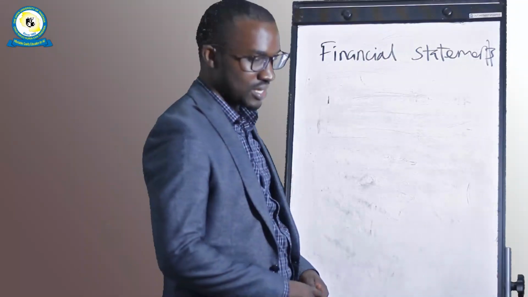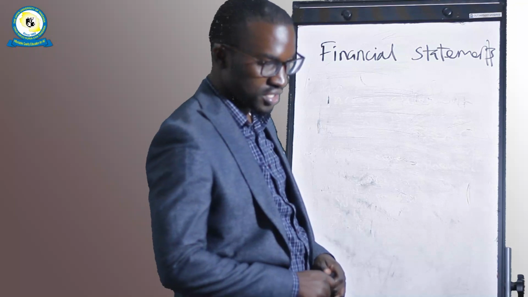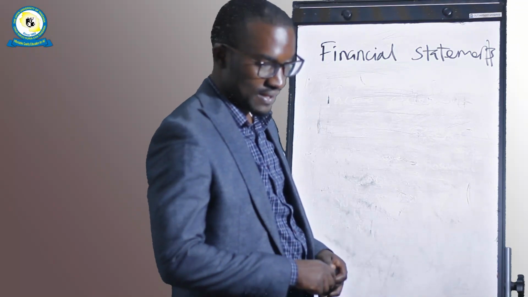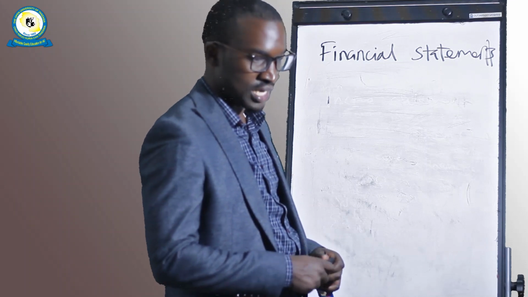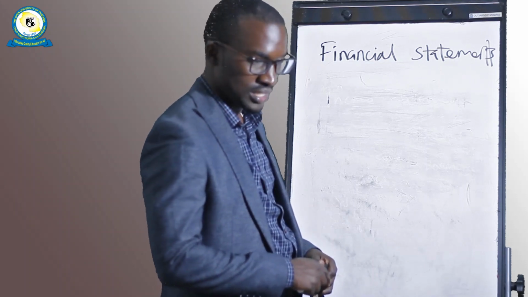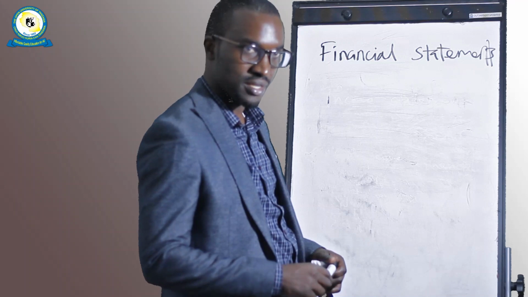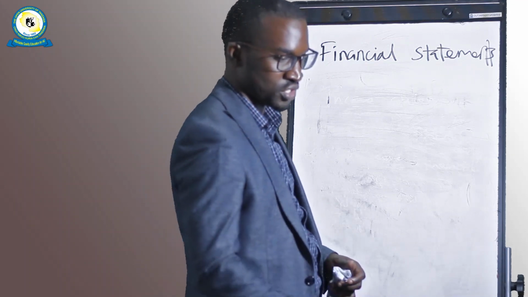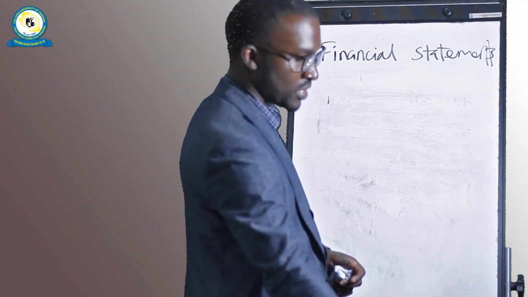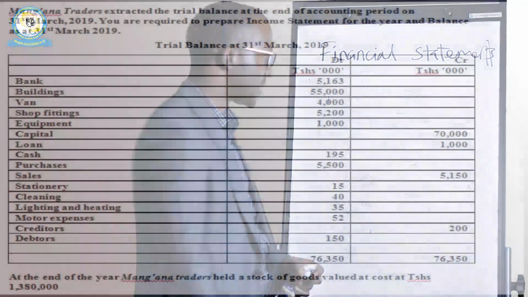At the end of the question there, you have a note which says the closing stock has been valued at an amount of 1,380,000. That is the closing balance. The requirement of the question: you are supposed to prepare an income statement, and you're also supposed to prepare a balance sheet.